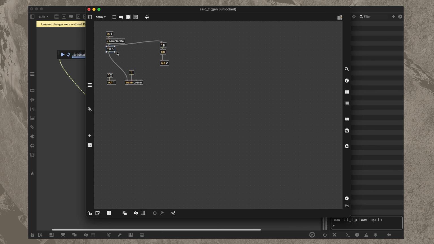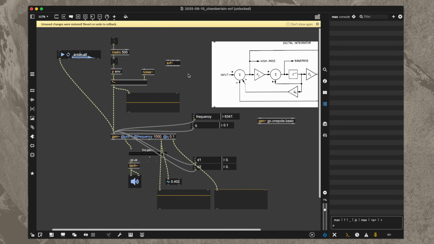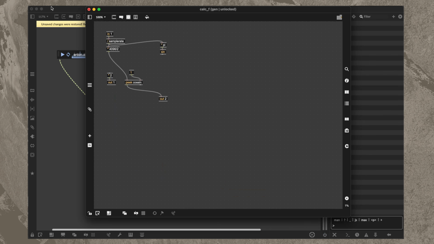I could also scale this value by, I could use peek. That was so silly of me. I could scale here by the range of 4096 over 2. Let's see now what happens. Yes. Okay, there we go.